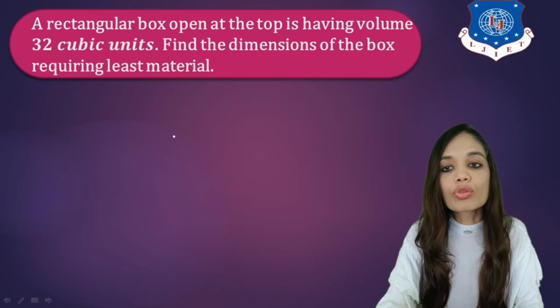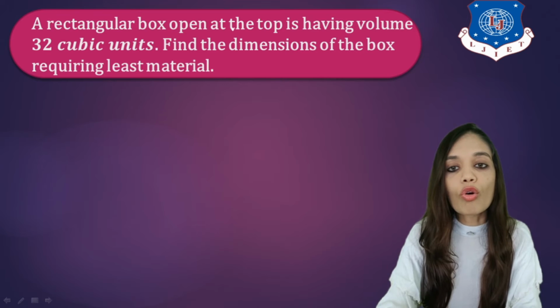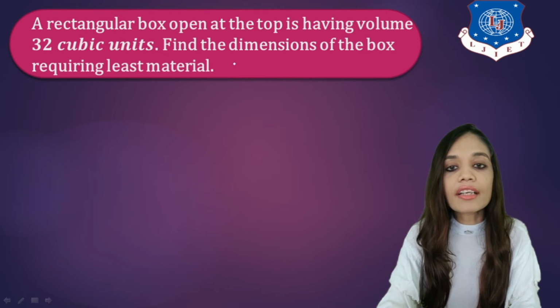Now let us go to our next example. That is a rectangular box open at the top is having volume 32 cubic units. We have to find the dimensions of the box requiring least materials. That is, we have to find length, breadth and height of the rectangular box.